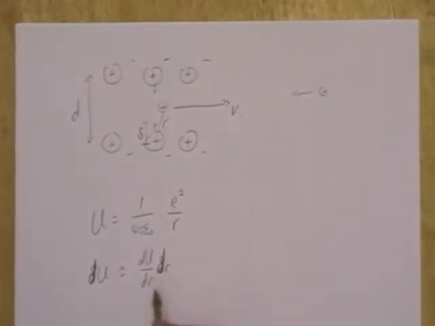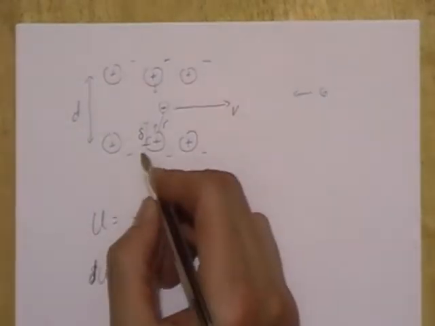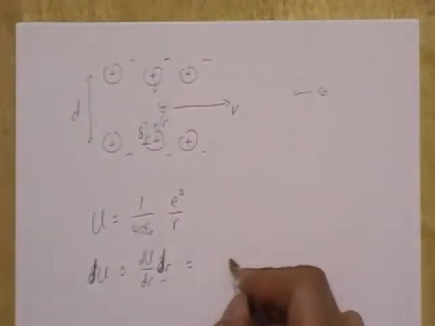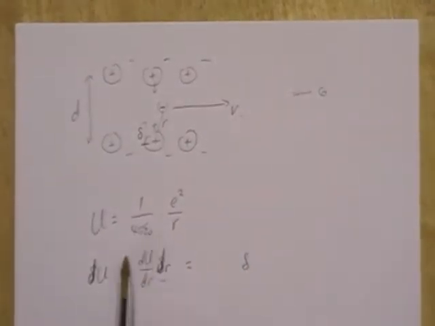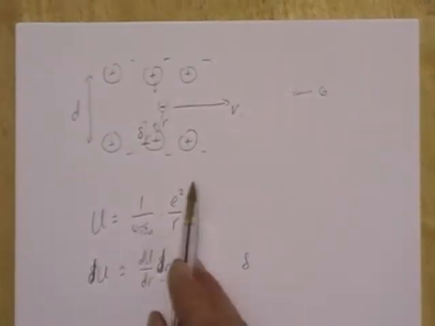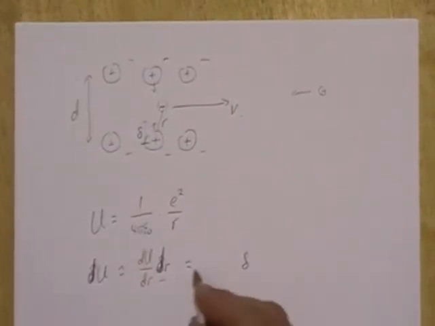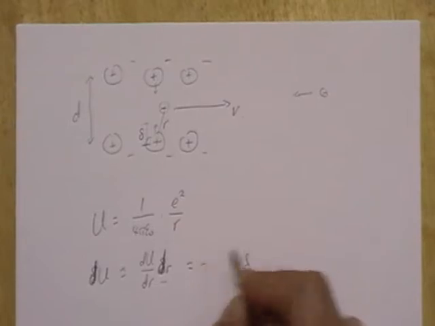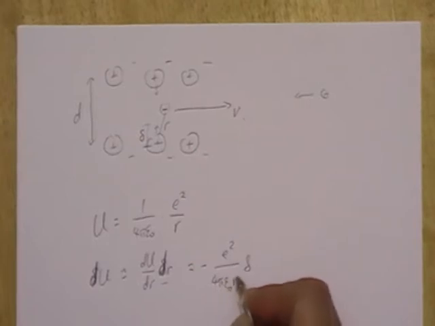In this case, the delta r here is the displacement. The du dr would be obtained by differentiating that. So that gives minus e squared over 4 pi epsilon naught r squared.